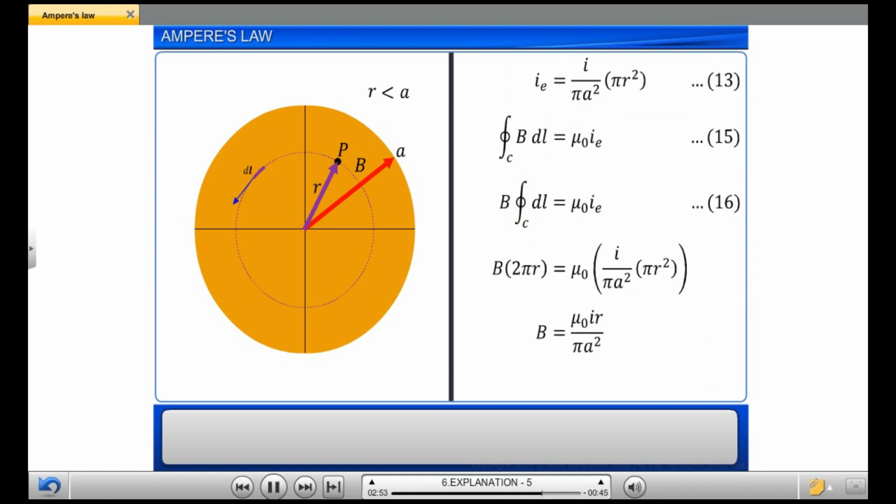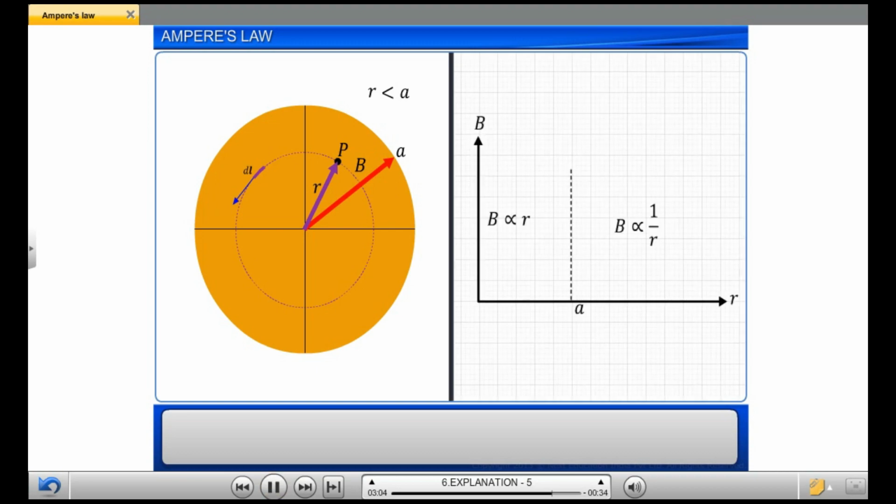This equation shows that for all points where r is less than a, the magnetic induction B is directly proportional to r. If we plot a graph taking the distance from the center on x-axis and the magnetic field induction on y-axis, the graph is as shown.